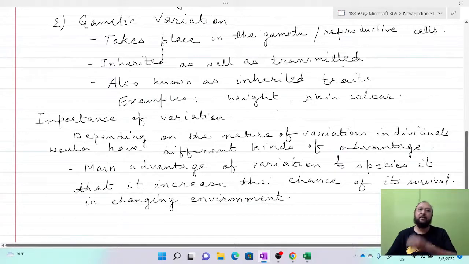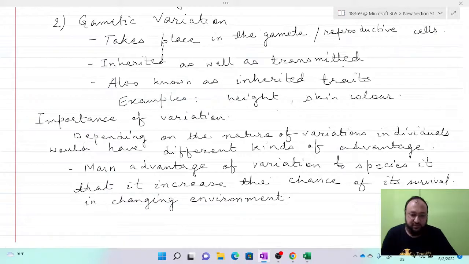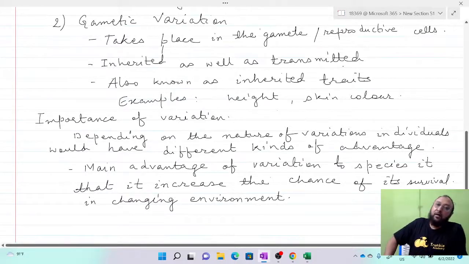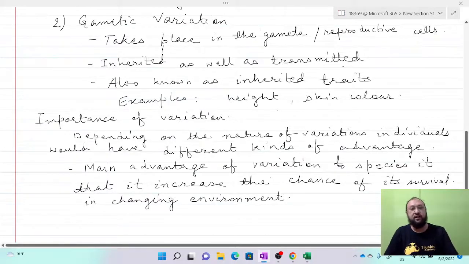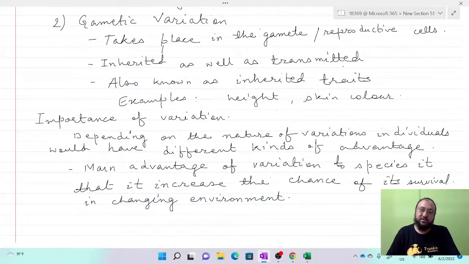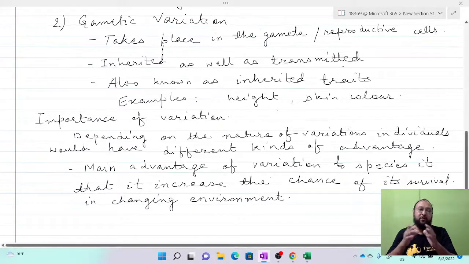Now try to understand this. The main advantage is that the variation occurs in the species, so that provides advantage for the species or for the organisms to adapt in the particular environment.